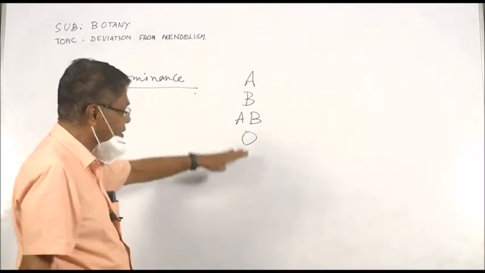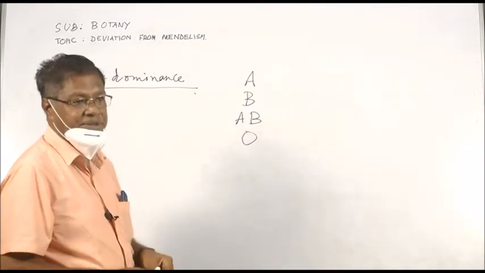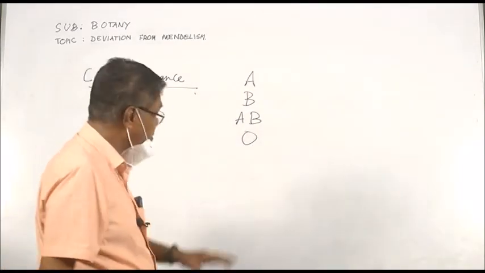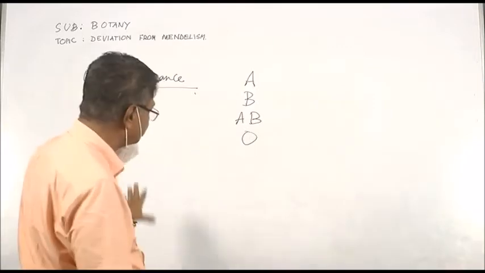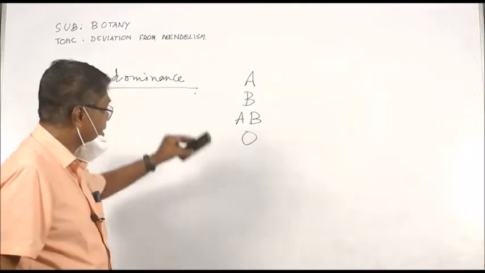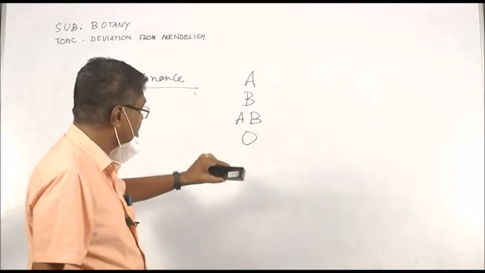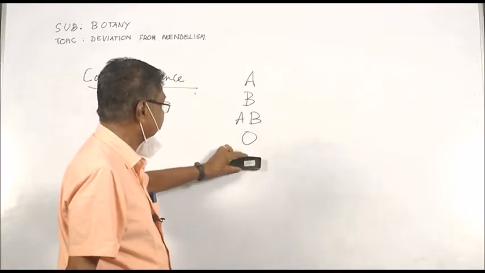Now, these 4 combinations we find in general. Though there are minor variations in them, we are not concerned about it. The basic blood groups are these 4.